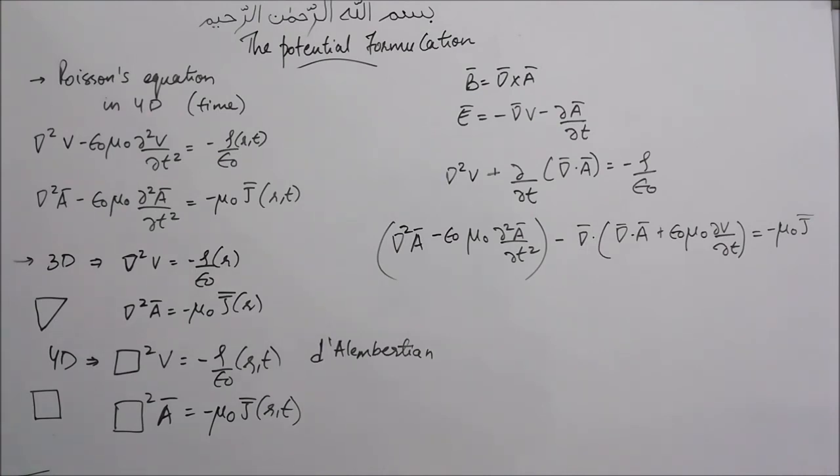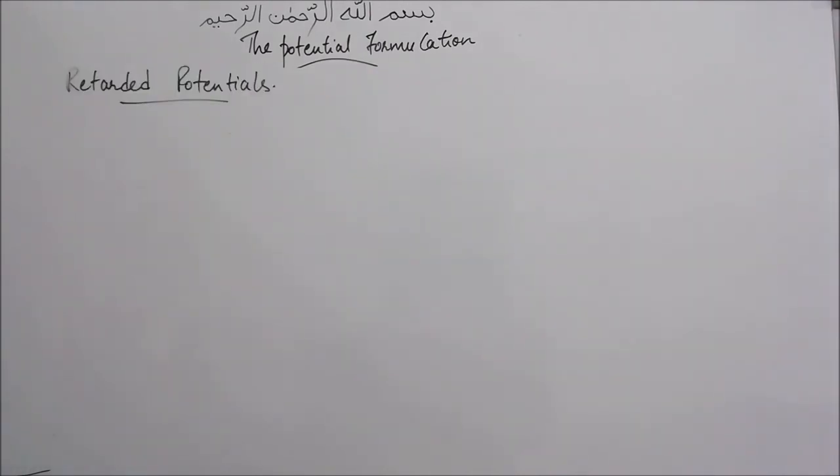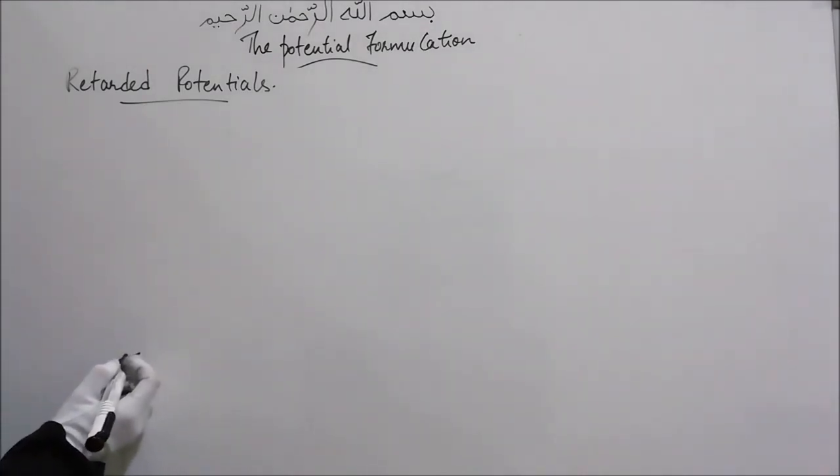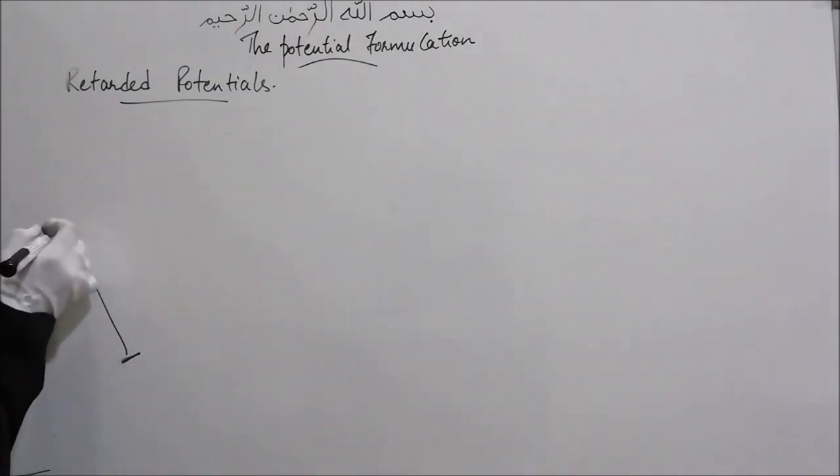So now, before we stop, we will look into retarded potentials. Let's say electromagnetic news was sent out from some source here, and that news came to this point here.